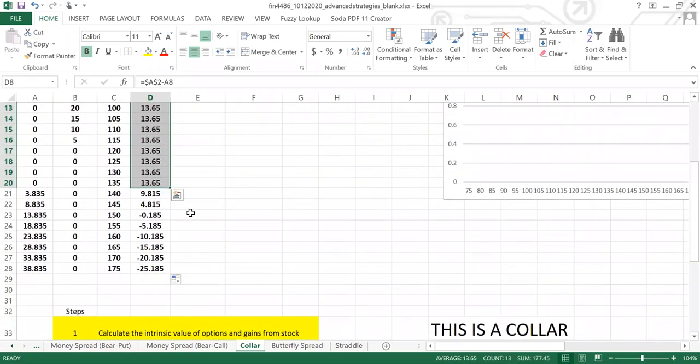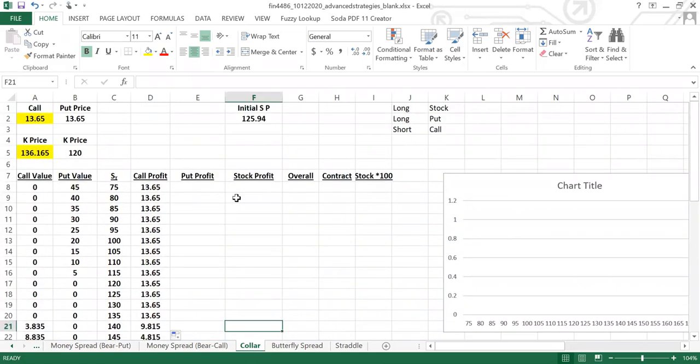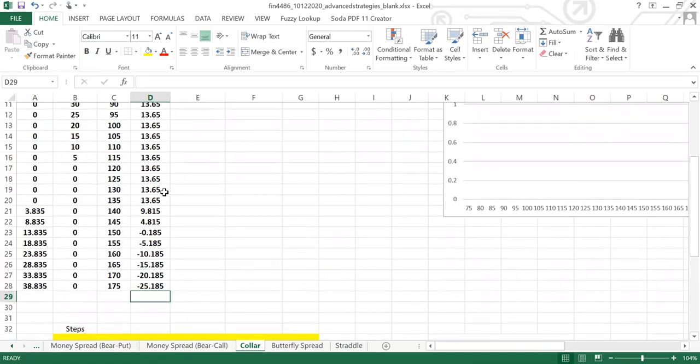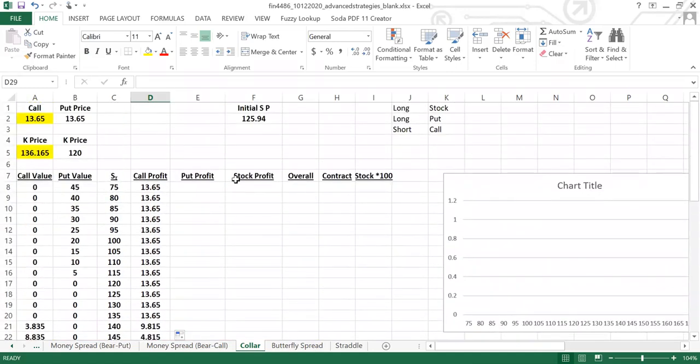But as the stock price goes up, you start to lose money. Now, if this is an uncovered call or a naked call, basically your losses could be technically unlimited, except that you will very quickly receive a margin call.